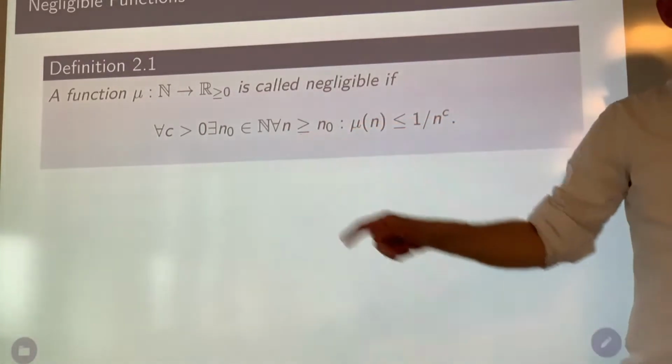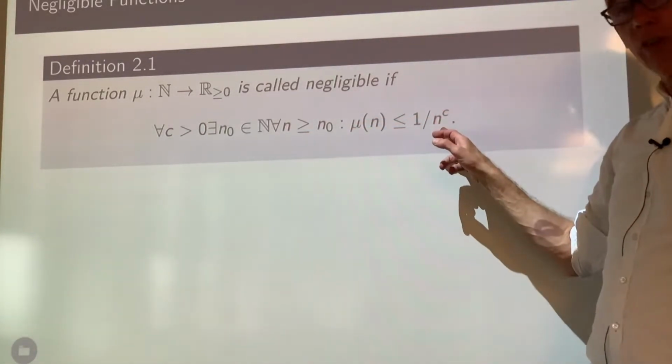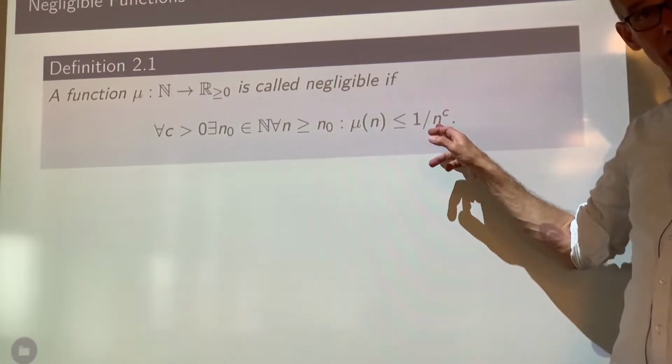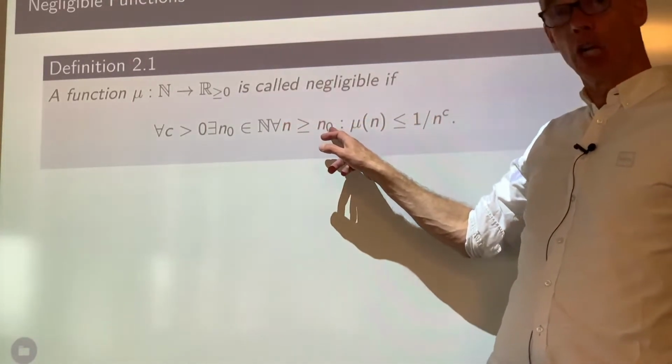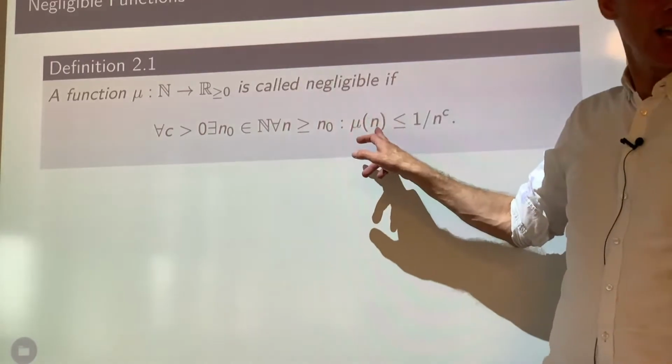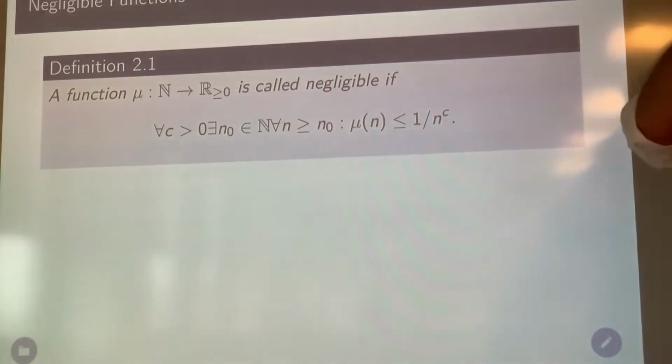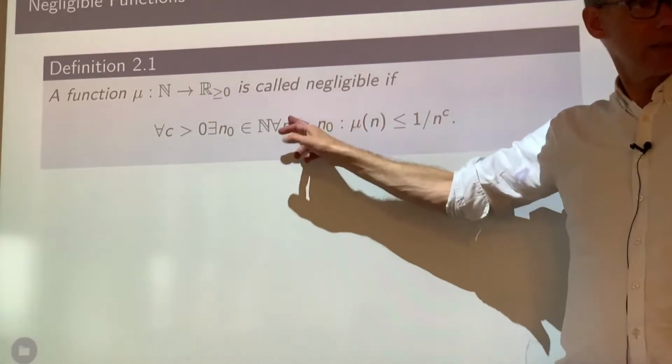What this says here: for every polynomial, eventually, namely if n is large enough, this mu becomes smaller than 1 over this polynomial, for every polynomial. So eventually it's smaller than every 1 over polynomial.